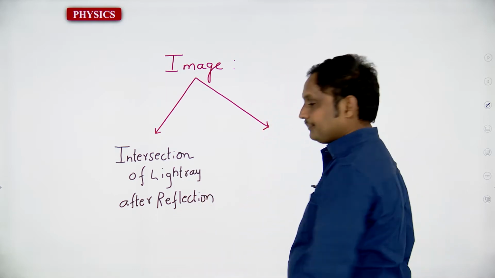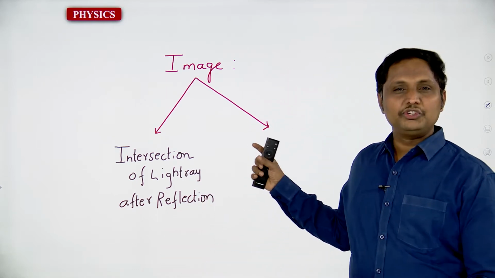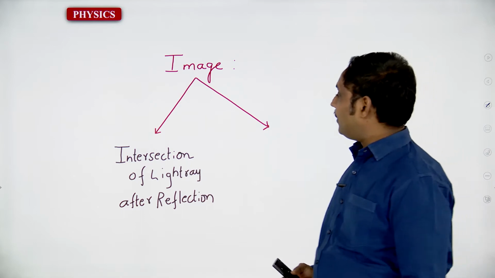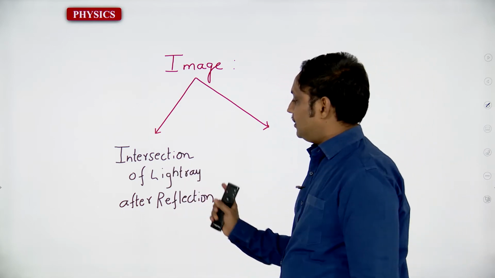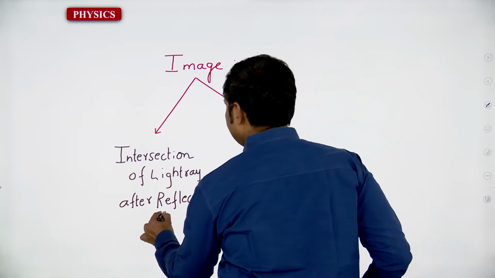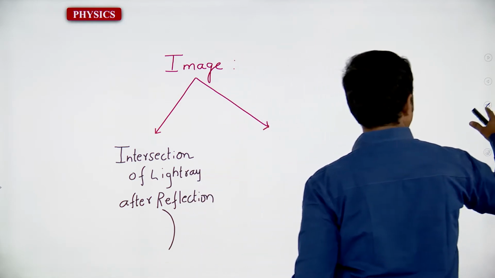The light rays are going to be intersected. Just you have to confirm this to track the image.